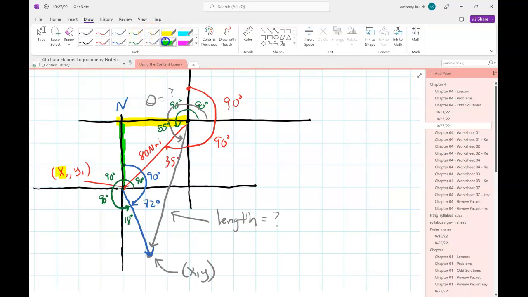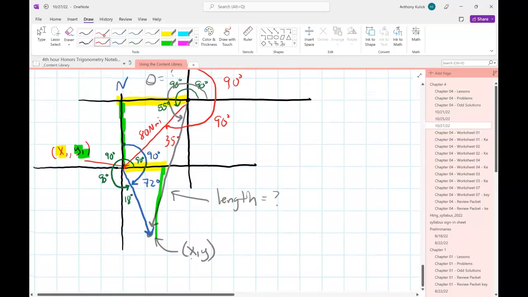That'll be the same as x1, y1. Everybody agree with that? And then to get to that silver xy from x1, y1, I'm going to be going over this much and then down this much. Everybody agree with that?